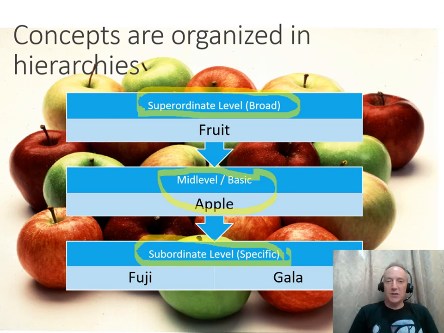So here in Michigan, where people visit the apple orchards in the fall, I'm sure you can think of lots of very specific types of apples. So Macintosh and Granny Smith and Gala and Fuji and Honeycrisp, and all of those are specific or subordinate level concepts.